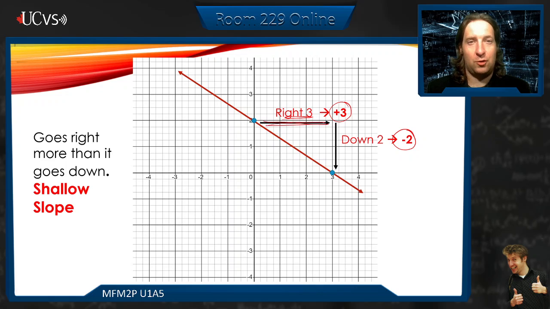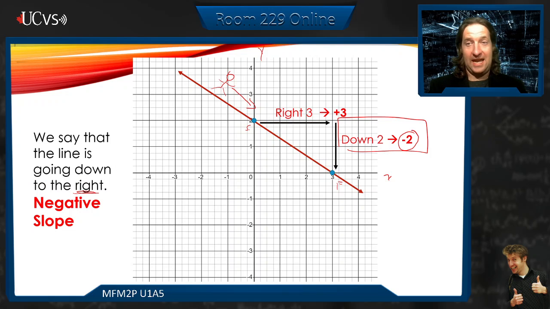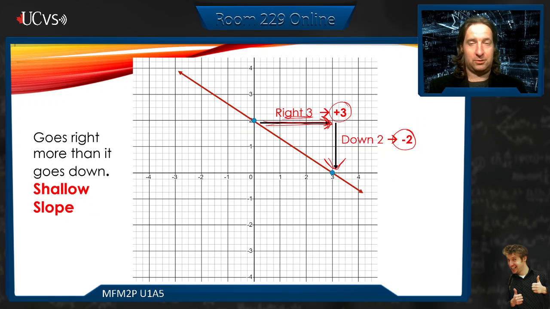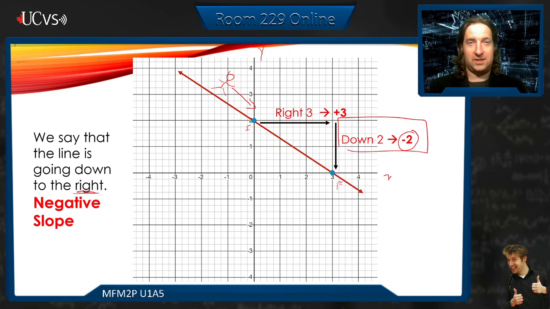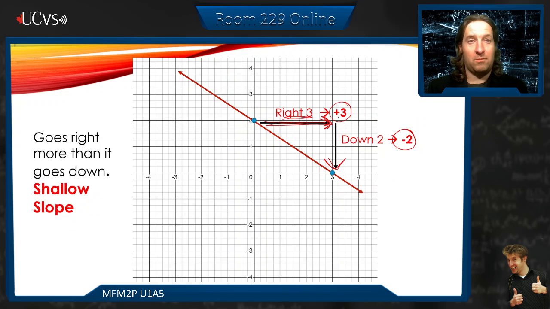I have to go longer in the x direction, longer in the horizontal direction than I do in the vertical direction. We say that it has a shallow slope. Okay? I know that's a lot. So let's go back here. That's a negative slope, and it's a shallow slope. Okay, it was negative because we went down, and it was shallow because I went over more than I went up or down.